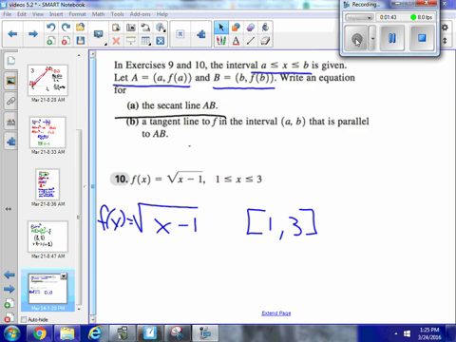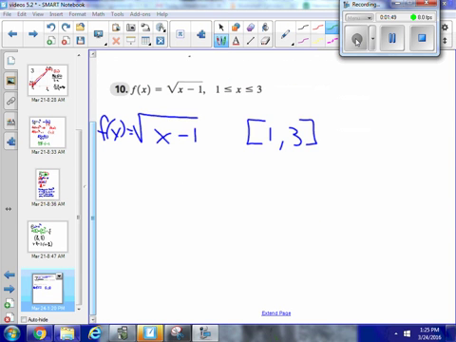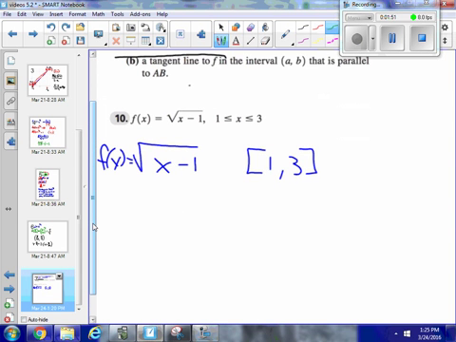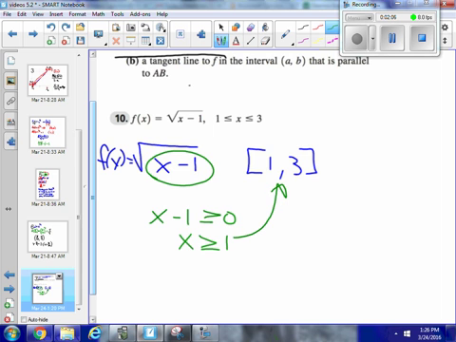Well, I don't have any denominators. I do have a radical sign with an even index. I don't have any logarithms. So I really just need to solve to make sure that the radicand x minus 1 is greater than or equal to 0. So x has to be greater than or equal to 1. And that's just fine. That doesn't cause any problems with my domain because my domain includes x equals 1.